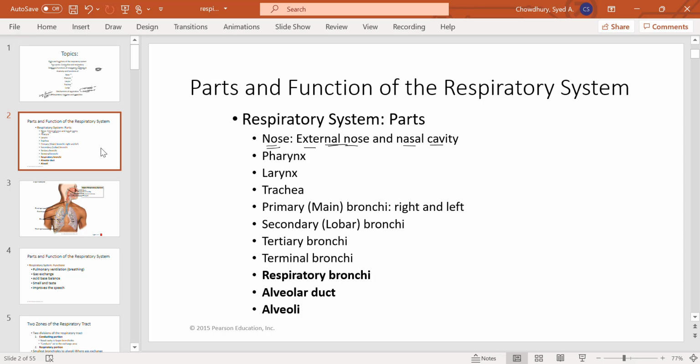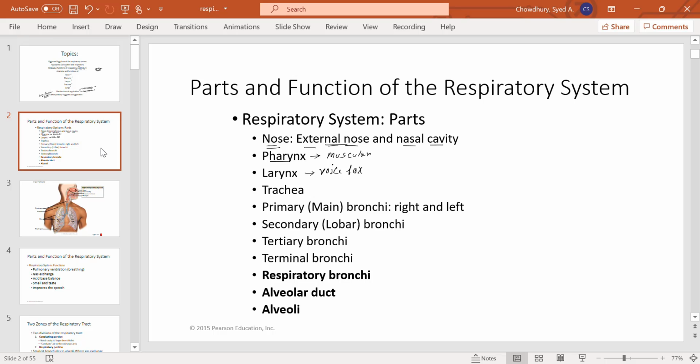After the nasal cavity, next part is the pharynx. Pharynx is a muscular tube. So it is a muscular tube-like structure. It has three parts. We'll talk about that later. Then next part is the larynx. Larynx is also known as voice box.